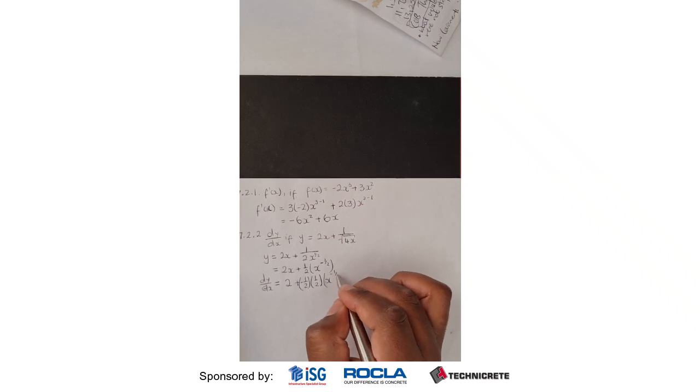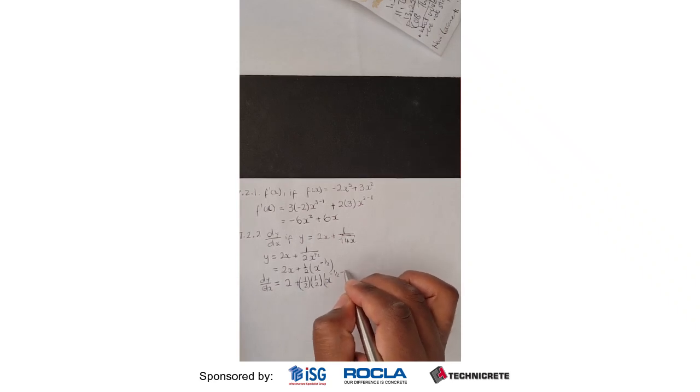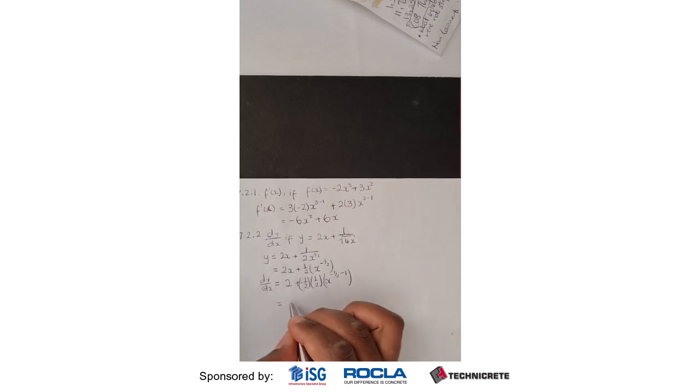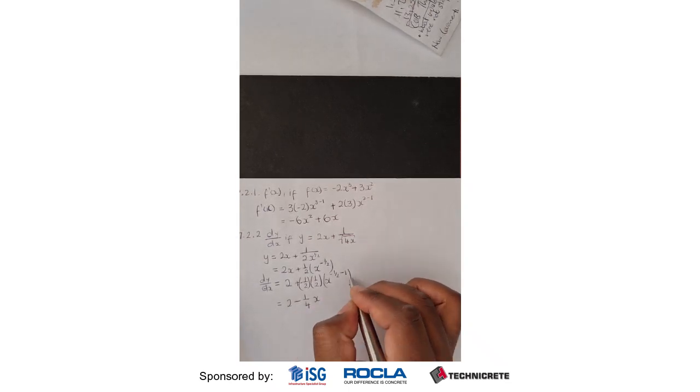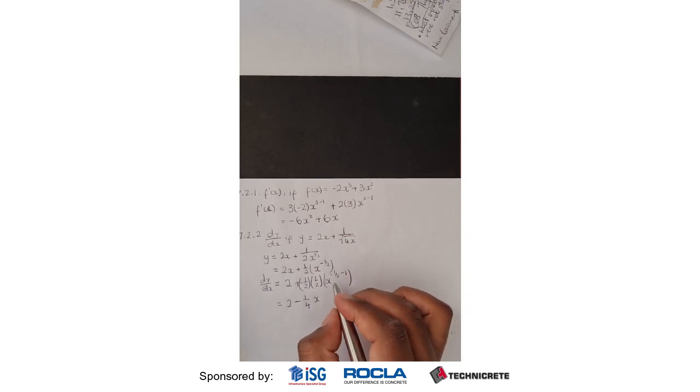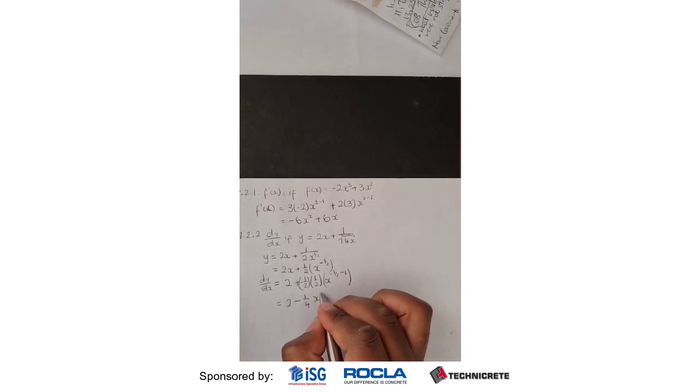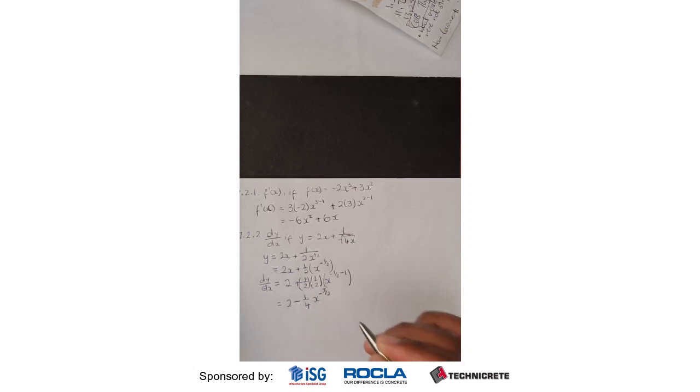Now our x is to the negative a half, and we still have to minus the 1 as we do. Then minus a half multiplied by minus a half becomes minus a quarter, and our x then becomes to the power of negative 3 over 2.